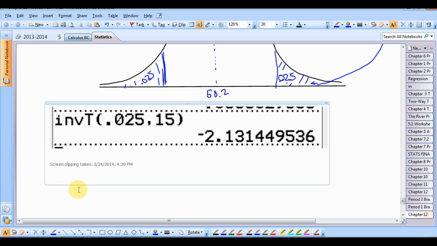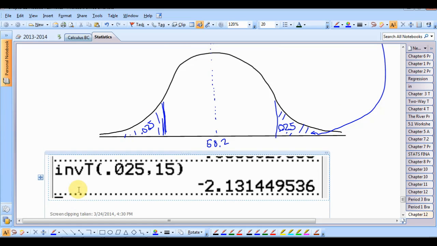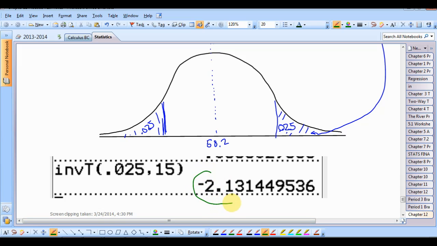Okay, so let's see. That tells me that this right here is negative 2.131. This is positive 2.131.